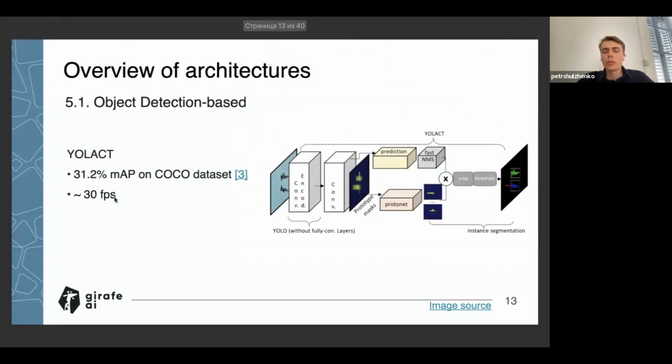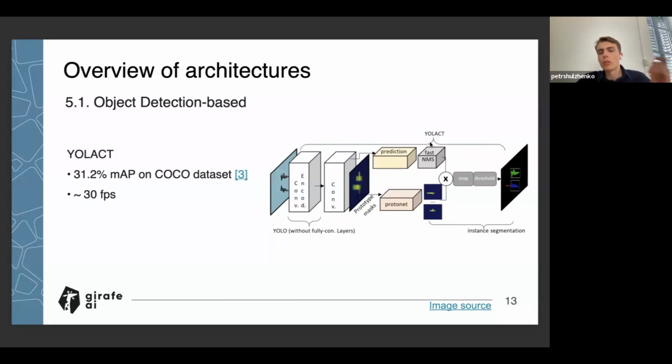So the logical improvement of this architecture would be using a one-stage detector instead of a two-stage detector like Faster RCNN. There were lots of architectures of this kind, which utilized mainly the YOLO detector or the single shot detector, but they were not extremely popular.